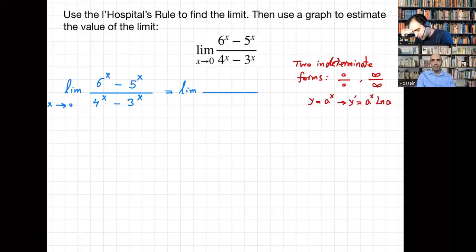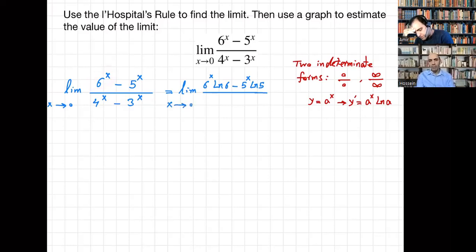So given this, for this term, we have 6 to the power of x ln of 6 minus 5 to the power of x ln of 5 in the numerator.